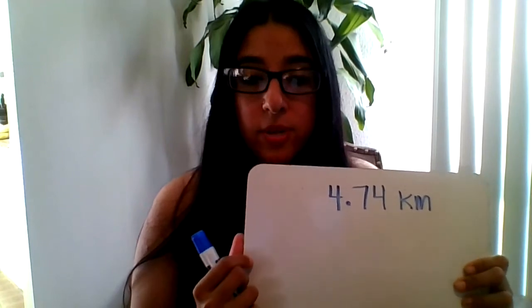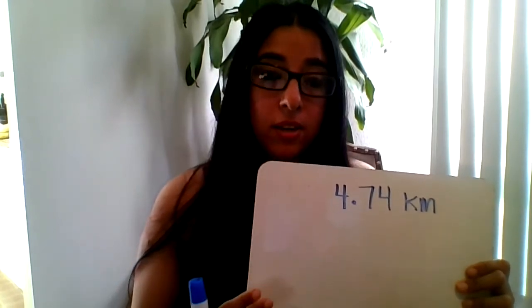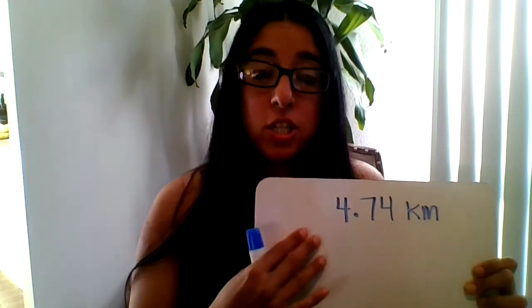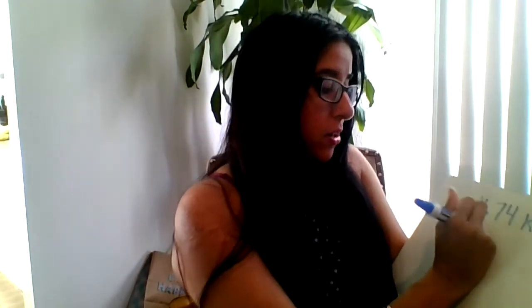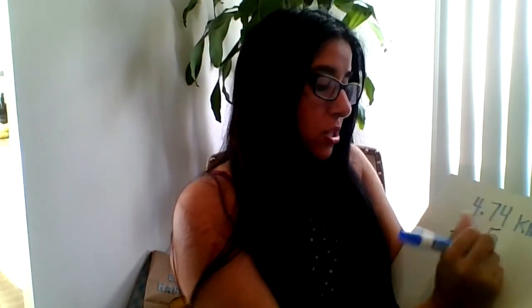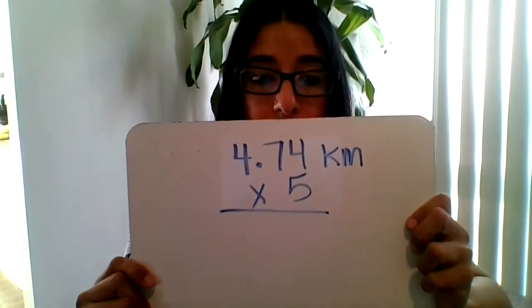Well, obviously we're taking 4.74, but she did that over 5 days. So would the total be getting bigger or would it be getting smaller? It would be getting bigger because this is just 1 day. So we're going to multiply that by how many days? That's right, 5 days. So we're going to go ahead and put our multiplication sign, and your problem should look just like that right about now.